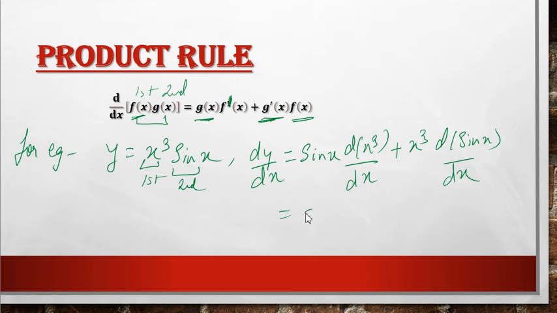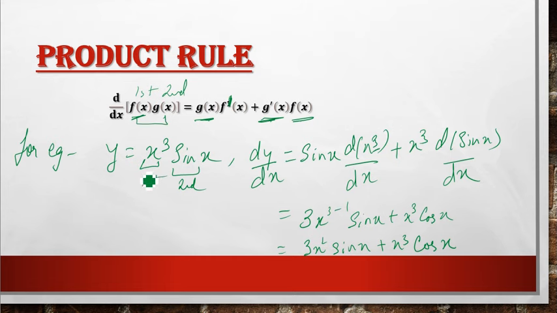So the value we are getting: 3 is in the power, so the formula says n x to the power n minus 1. So 3 x to the power 3 minus 1, sin x will remain as it is, plus the differentiation of sin x is cos x, right? So x cube cos x, and if we simplify further, what we will get is 3x square sin x plus x cube cos x. Okay, that's the product rule.